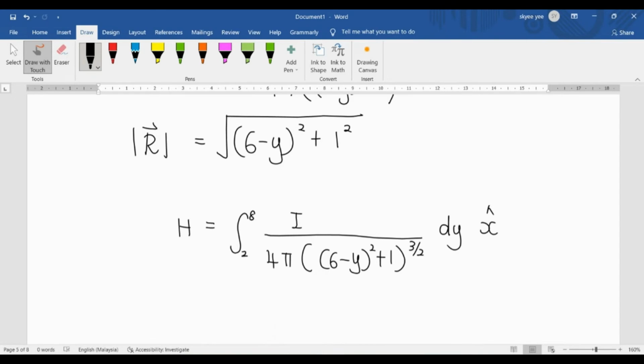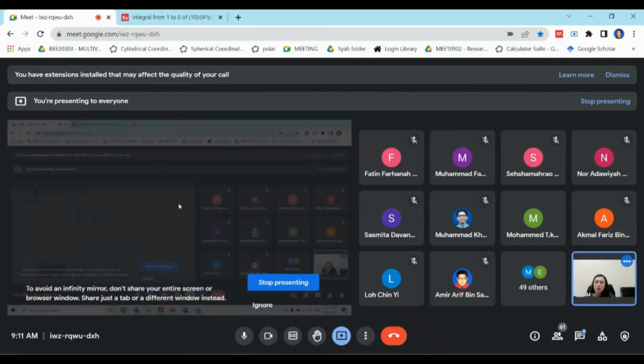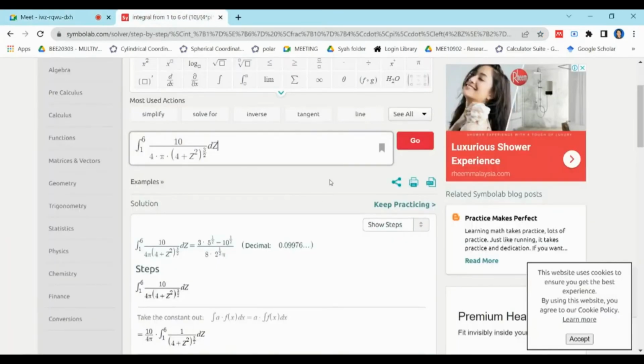So you just key it into your software: 4 pi, 6 minus y power 2 plus 1.